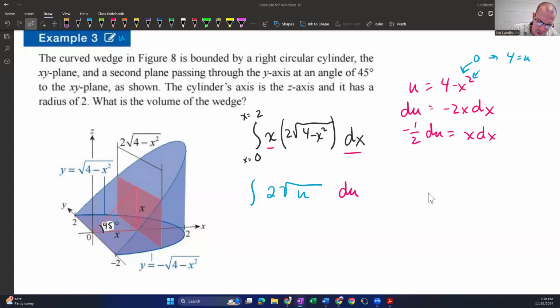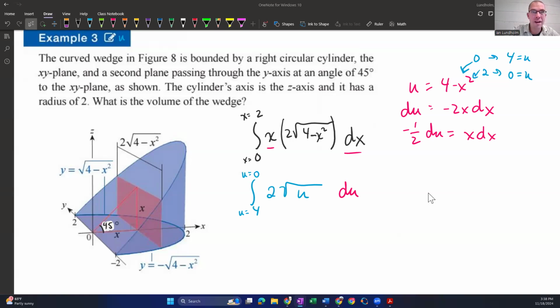If I throw in 2 into here, u turns into 0. Oh, geez. So this is a little bit weird, but we got to make these match up. Since our bottom bound went from 0 and now turned into 4, we've got to write that still down at the bottom. x equals 0 corresponds to u equals 4, and u equals 0 corresponded to x equals 2.